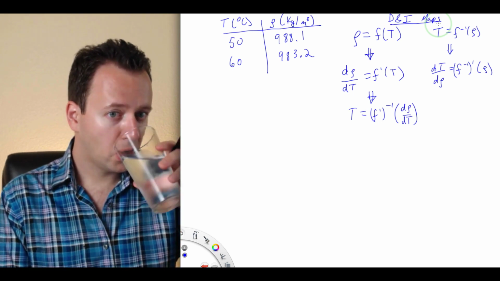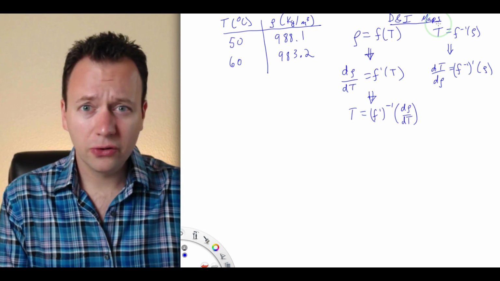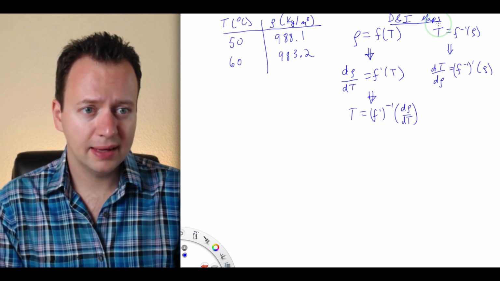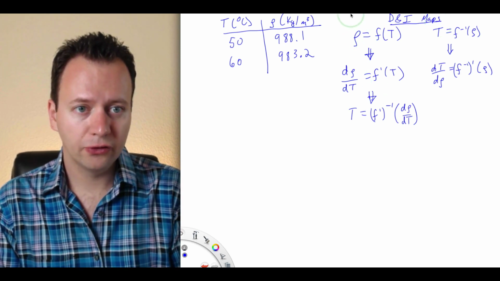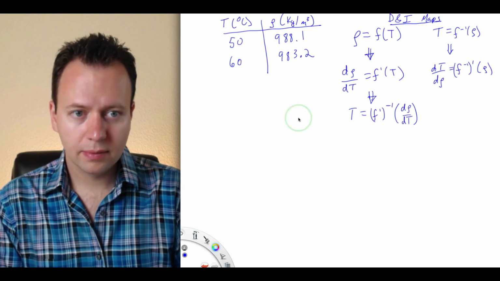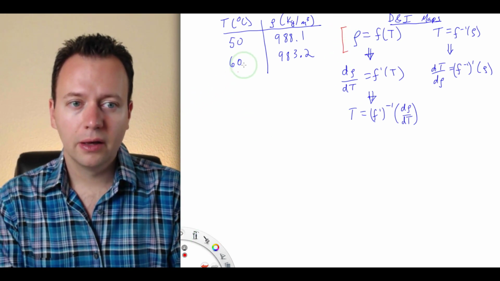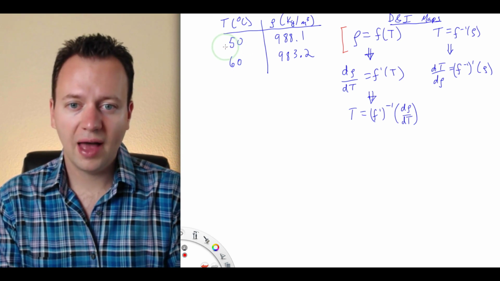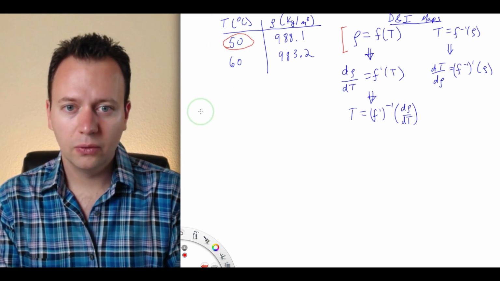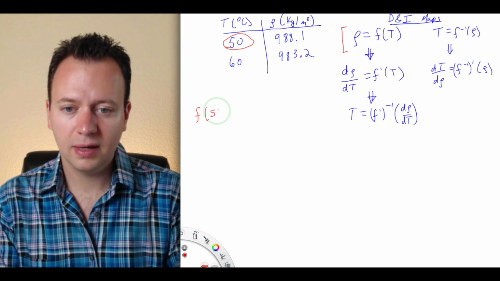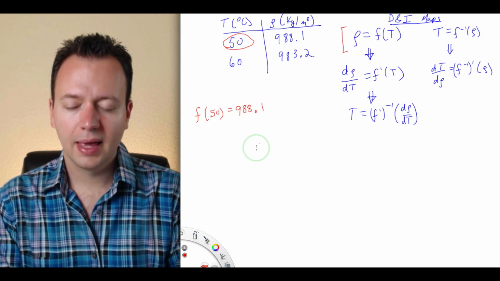So to start, we can do the easiest one, and that is the first one. So first, let's say, well, this is simple. If we evaluate f at 50, we can write f of 50 is equal to 988.1.